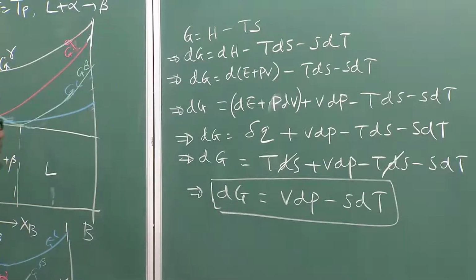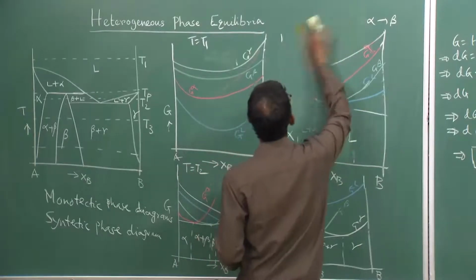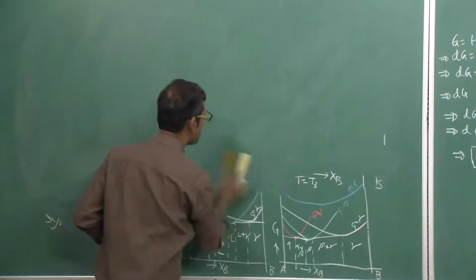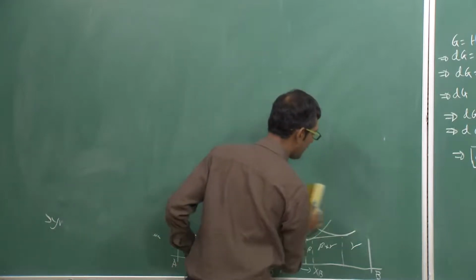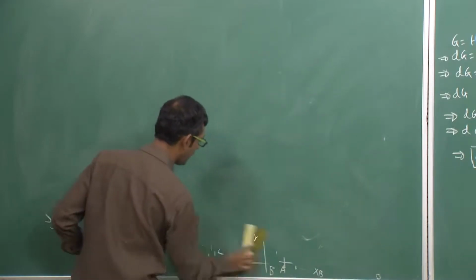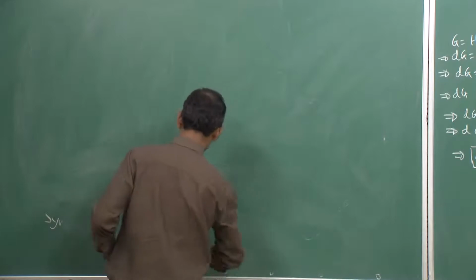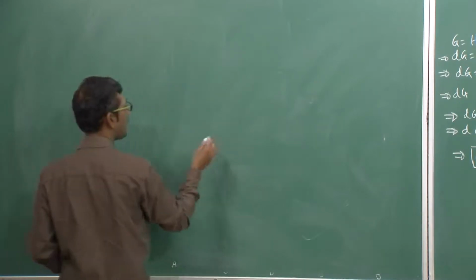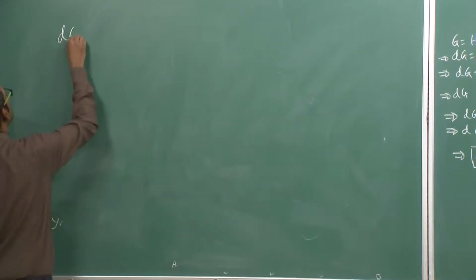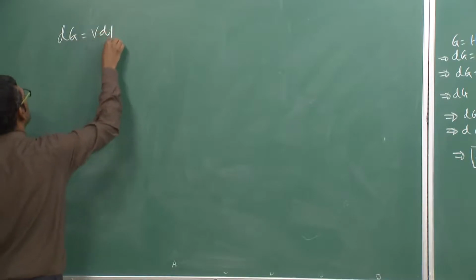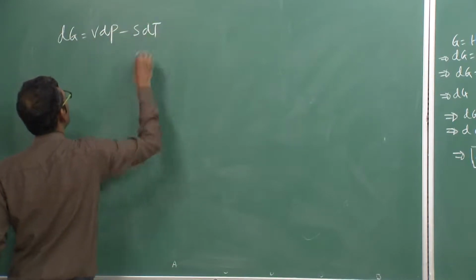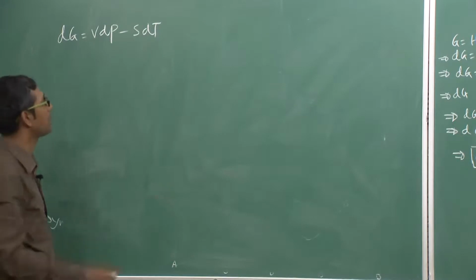Am I right? So let us suppose there are two phases, one is alpha, the other one is beta. So we will write down the same expression for alpha and beta and then see what happens at equilibrium. So as you see, dG is nothing but VdP minus SdT. And we assume there are two phases, one alpha, one beta.